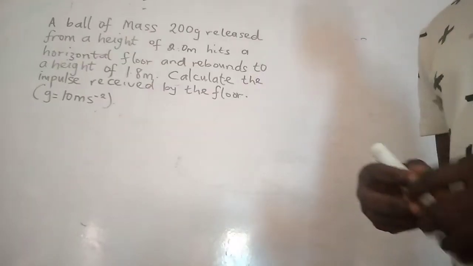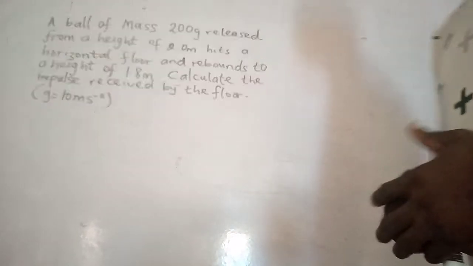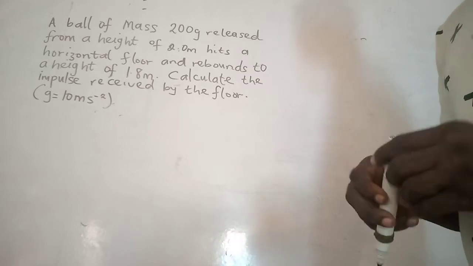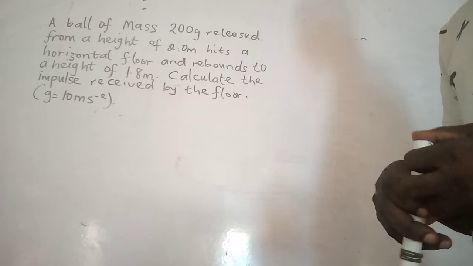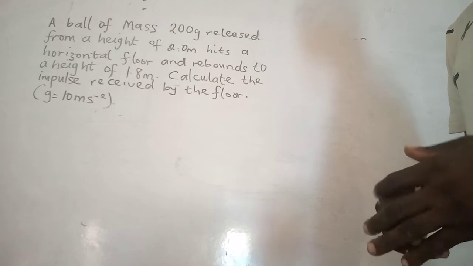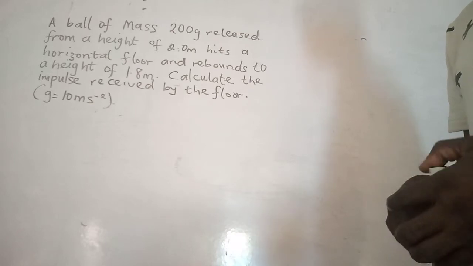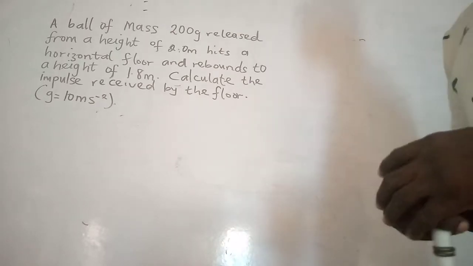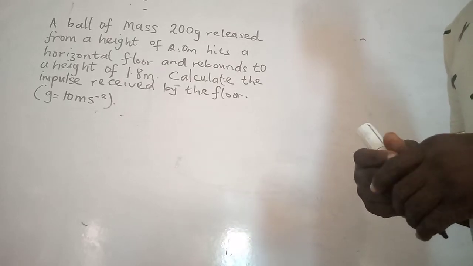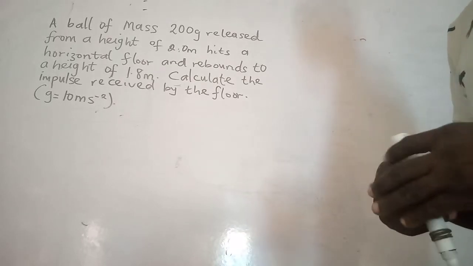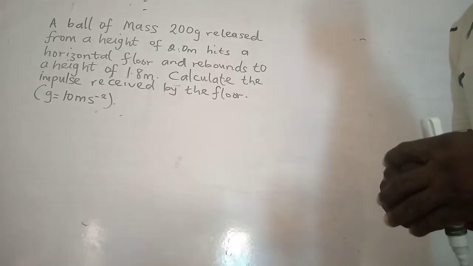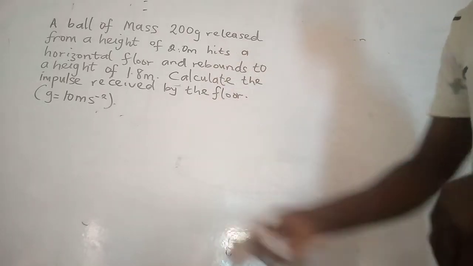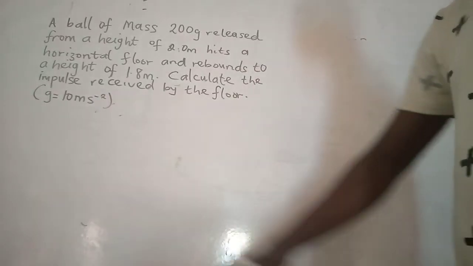Alright, in this video, we are going to look at how to find the impulse on an object when the object falls from a height and rebounds to another vertical height. Here, we are going to look at this using this simple problem on the board.